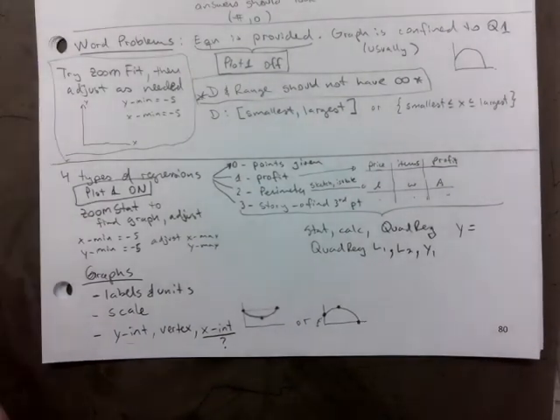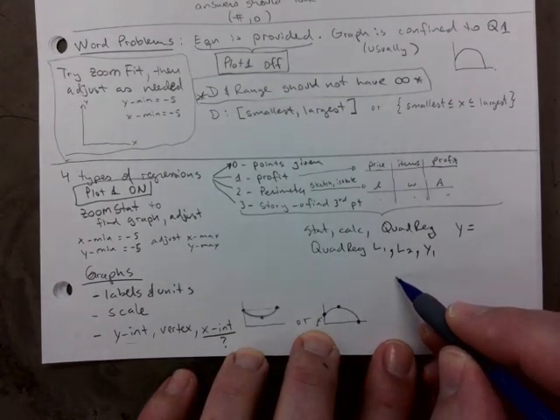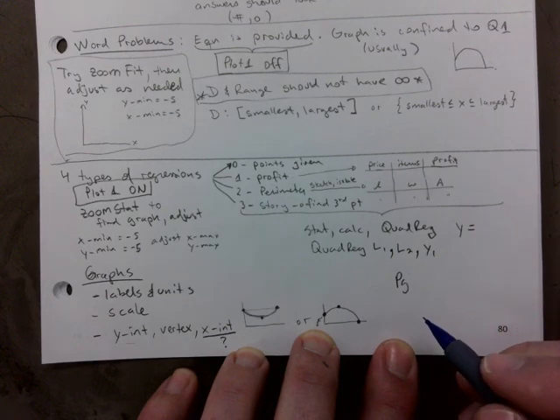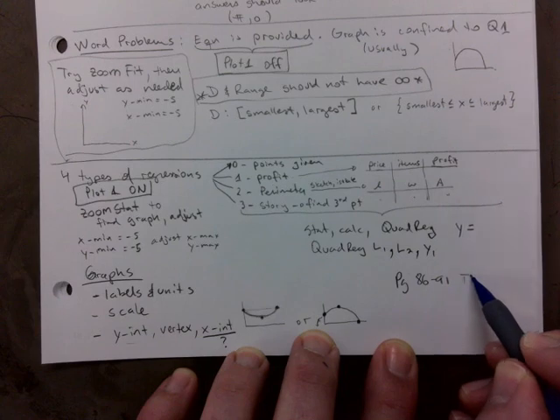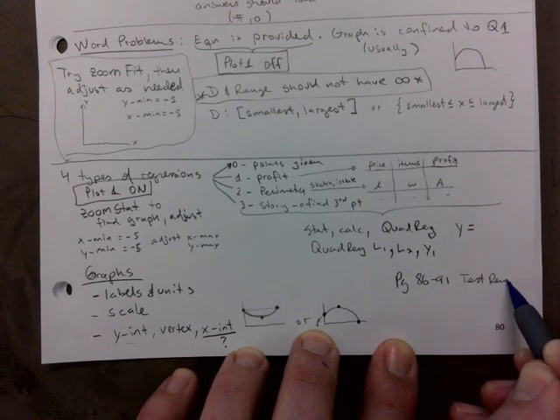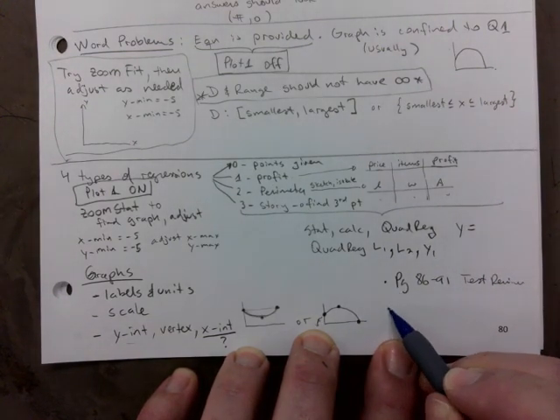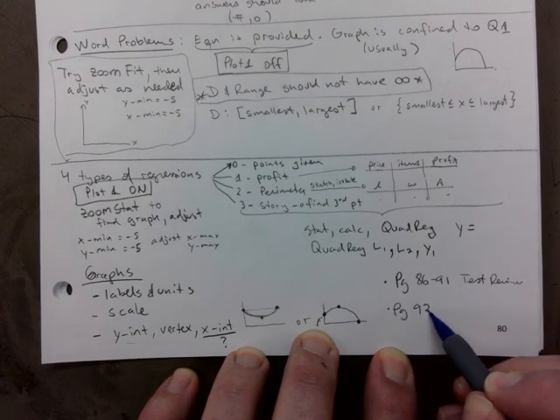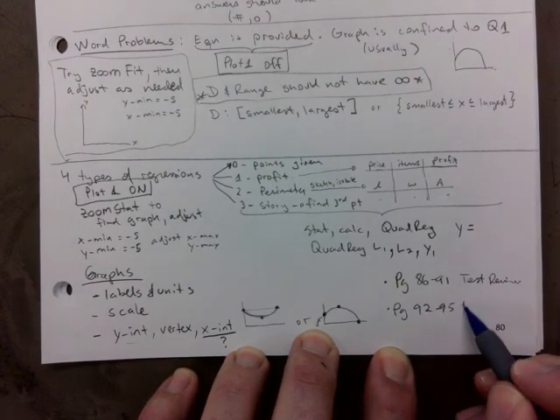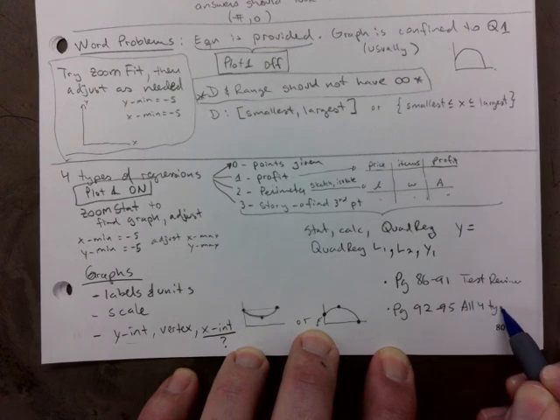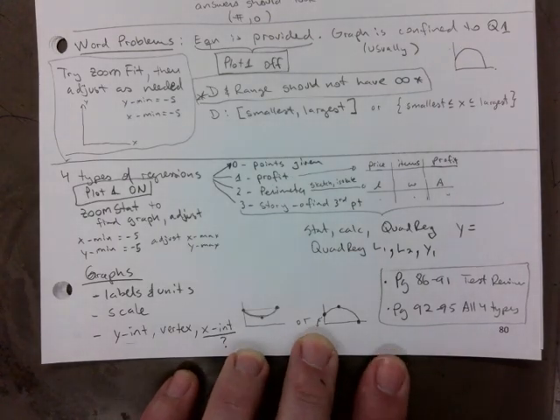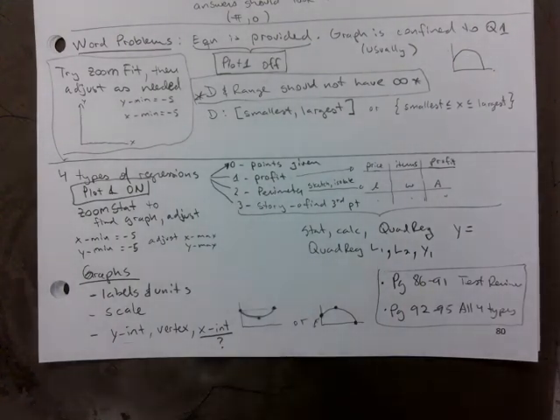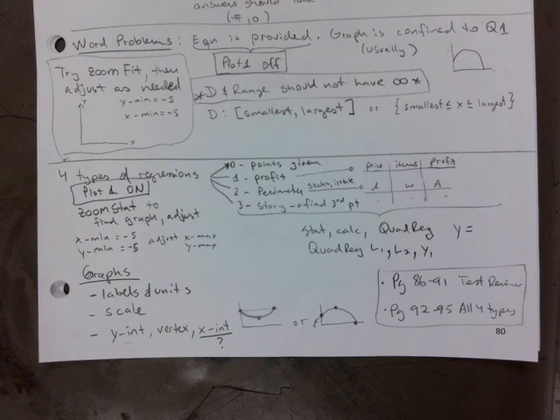And for actual review material, I would say pages 86 to 91 is actually a test review. And pages 92 to 95, all 4 types of regressions are there to be found. Okay, so I will post those keys and you work through them. And if you are able to do all of that, you should be in good shape.